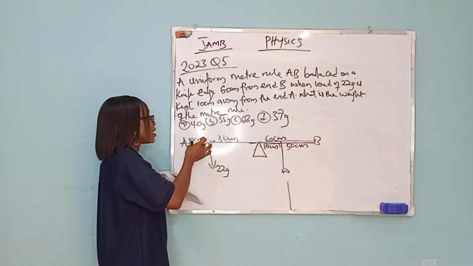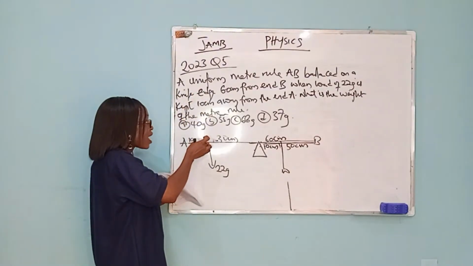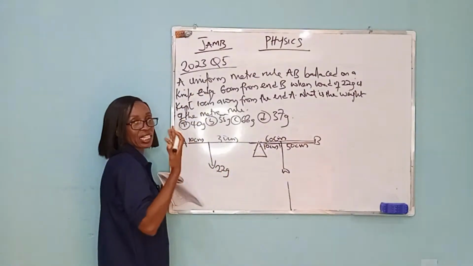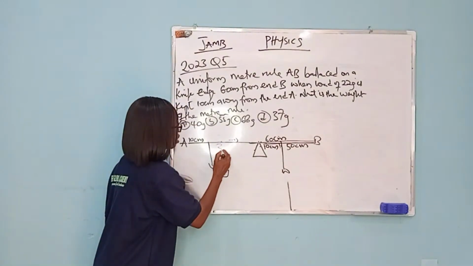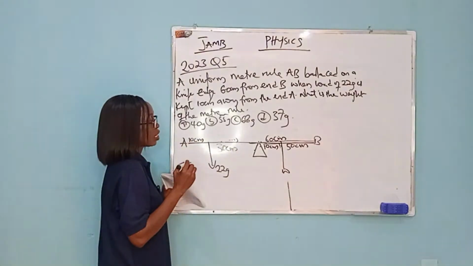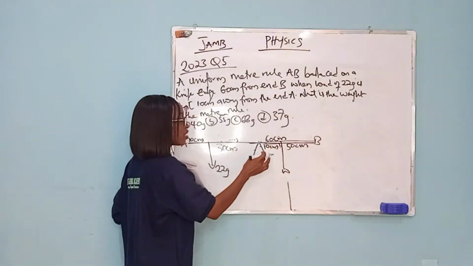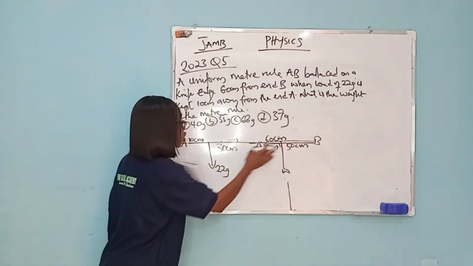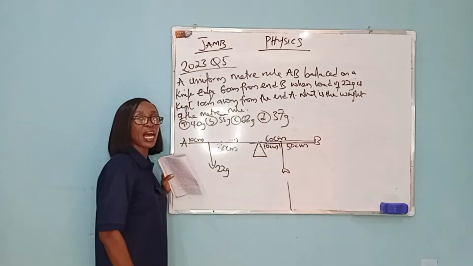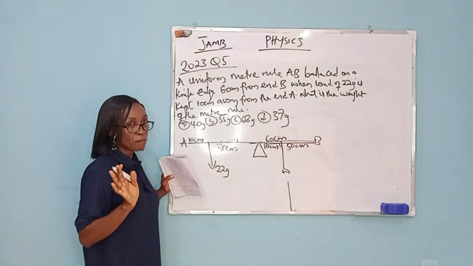So if this is 10 from our question, the distance from the load to the knife edge is 30 centimeters. And from the load to the far end is 50 centimeters. If I add all together, we must get 100 centimeter length of the meter rule.